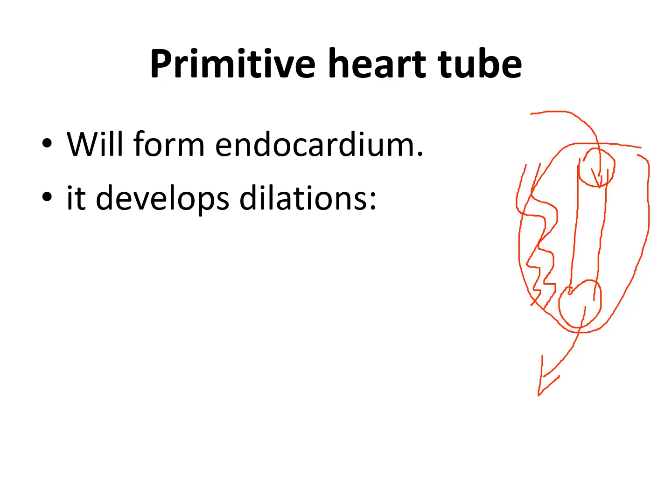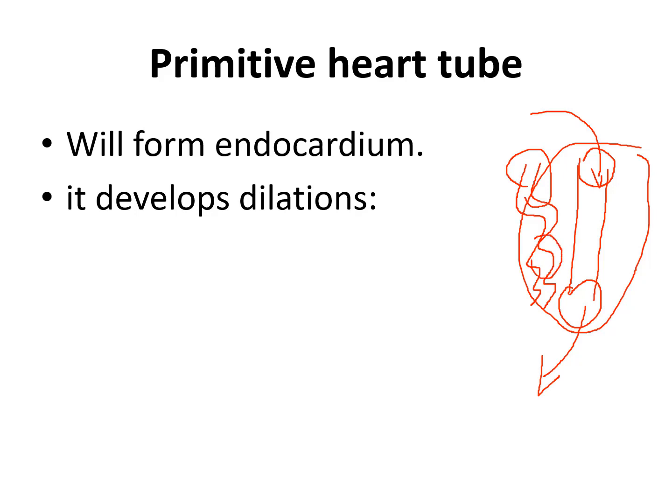We said that this is the venous end, and this end is called sinus venosus. It will become dilated and form sinus venosus. What is next to the venous end? It will be the primitive atria. And what is next to the primitive atria? The primitive ventricle.